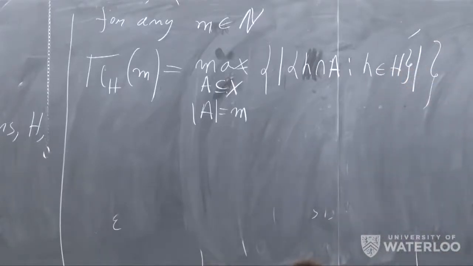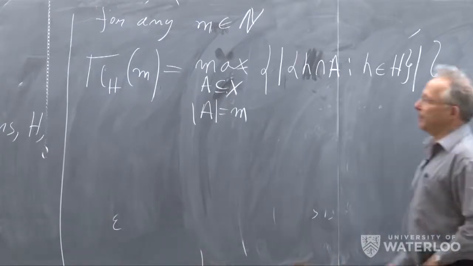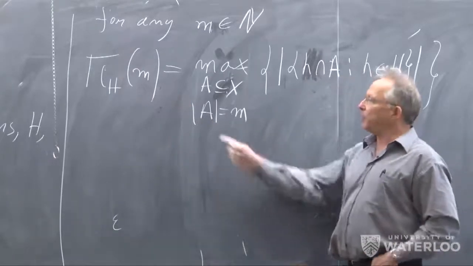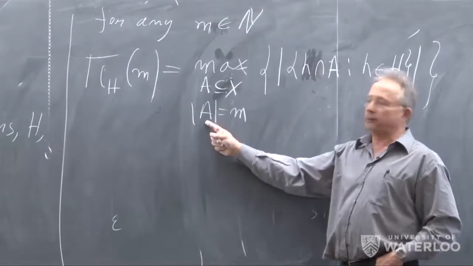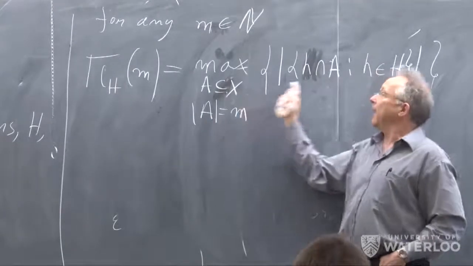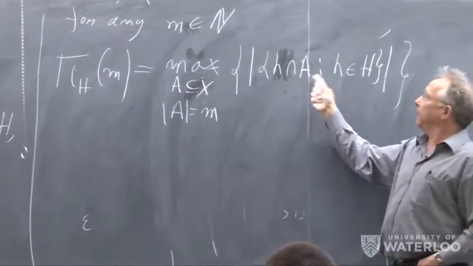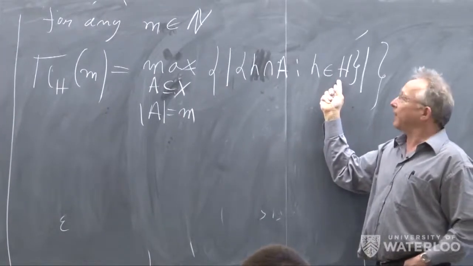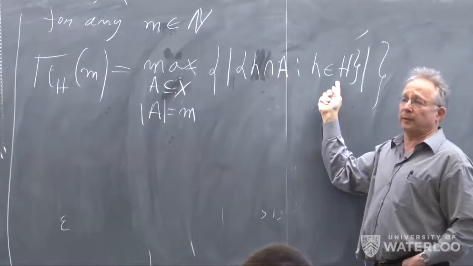Okay, so let's try to read it, see what we're saying here. I'm picking some number m, and now I'm going over all subsets of my domain of size m. And for each of them, I ask, how many pieces from A can capital H cut? So it's kind of reminiscent of the shattering.